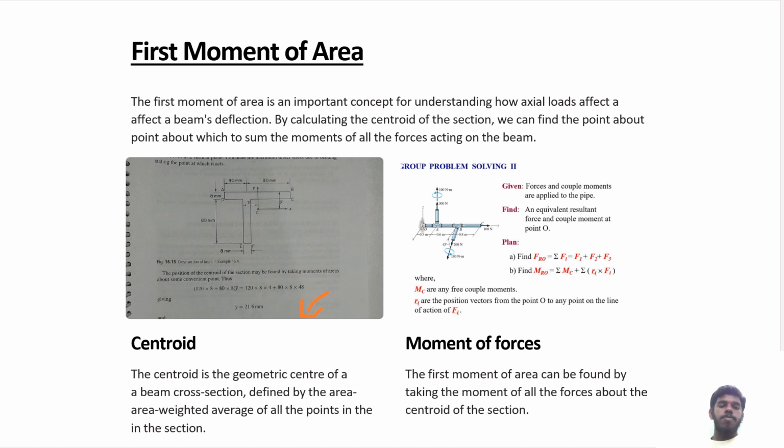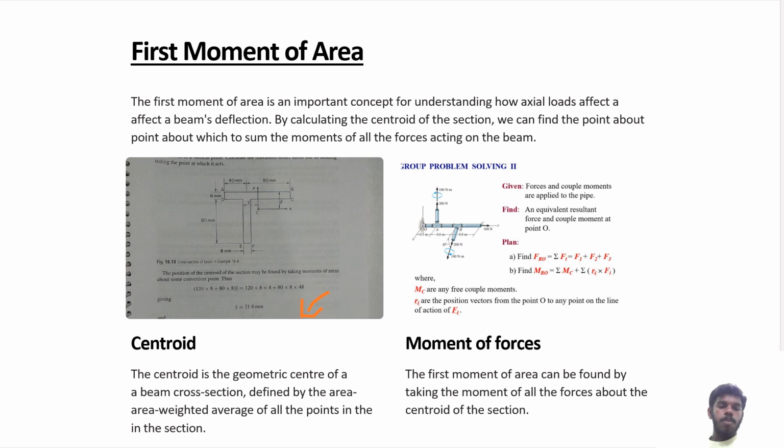First, moment of area. The first moment of area is an important concept for understanding how axial loads affect the beam's deflection. By calculating the centroid of the section, we can find the point about which the sum of moments of all the forces acts on the beam. Centroid.